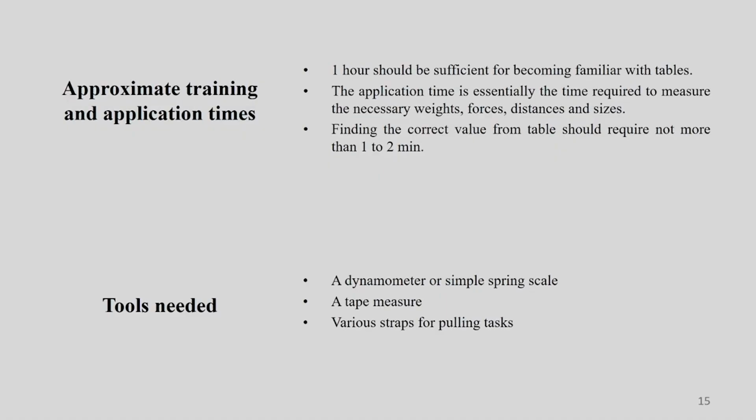Maybe you have a tape measure and various straps for pulling tasks, and 1 hour should be sufficient for becoming familiar with this particular table, and it doesn't take much time to get the result. Okay. So, once you understand that particular table in detail, you can do the analysis very quickly and collect the data very quickly.